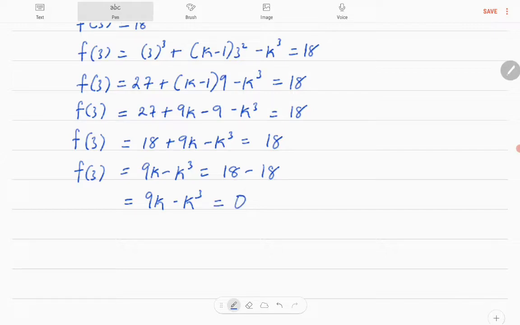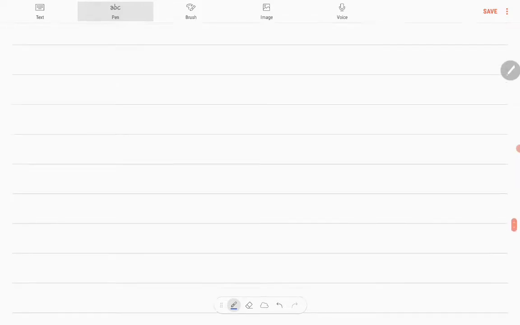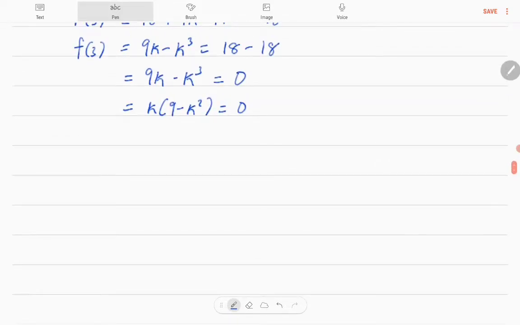So we have to find k. When we factorize k out, we have k(9 − k²) equals 0.